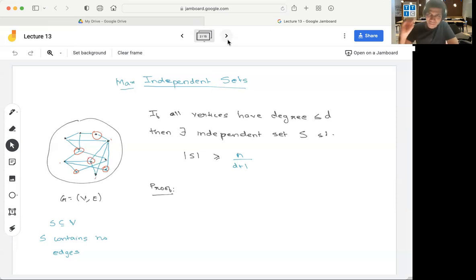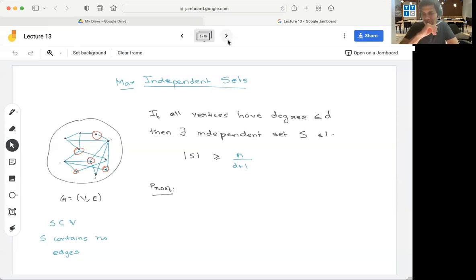I picked one vertex and said, okay, this is an independent set because one vertex never contains an edge. For an edge, you need at least two vertices. Then I look at its neighbors like, okay, these guys have an edge incident from one of the vertices I picked, so I can't really pick them.